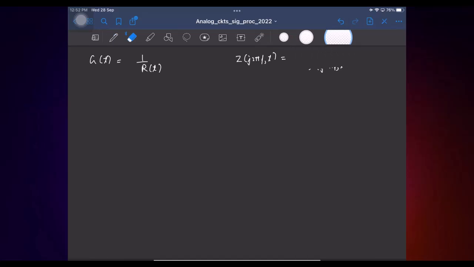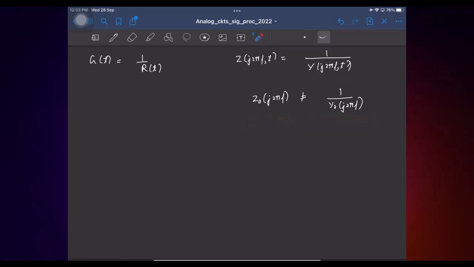If you find the impedance as a function of time, they will be inverses. Basically this is what we just proved, right?